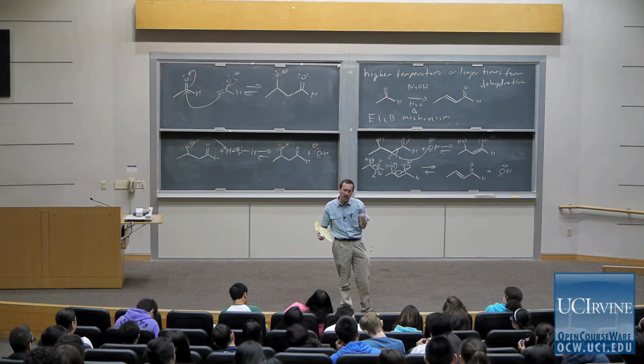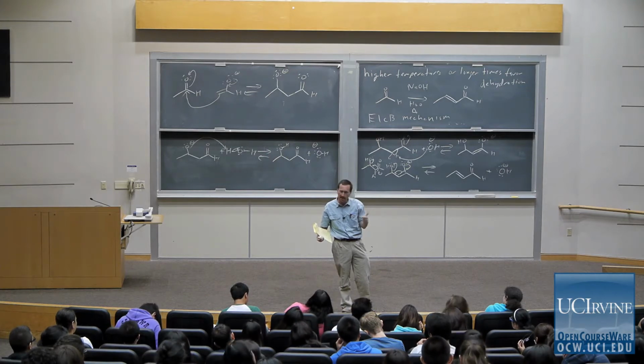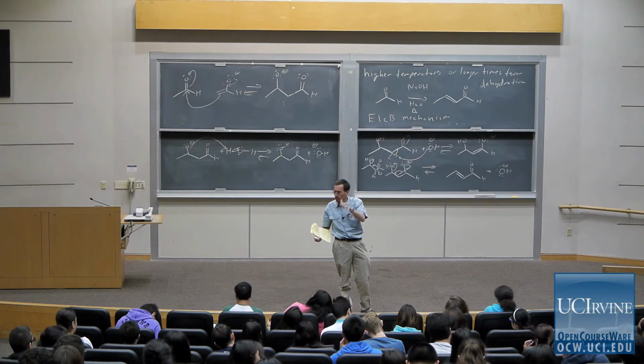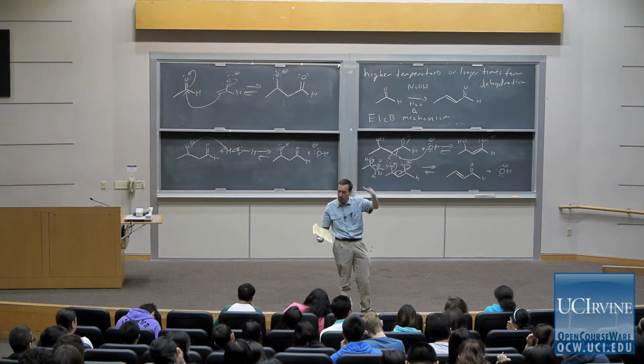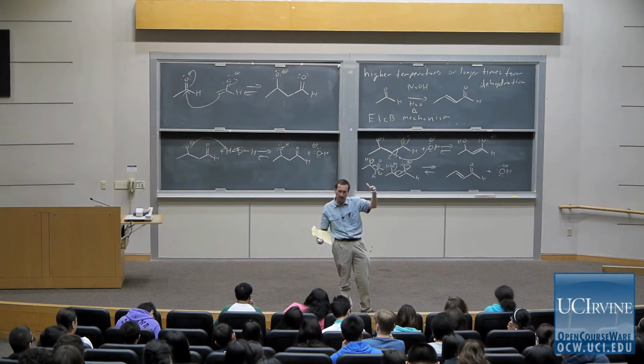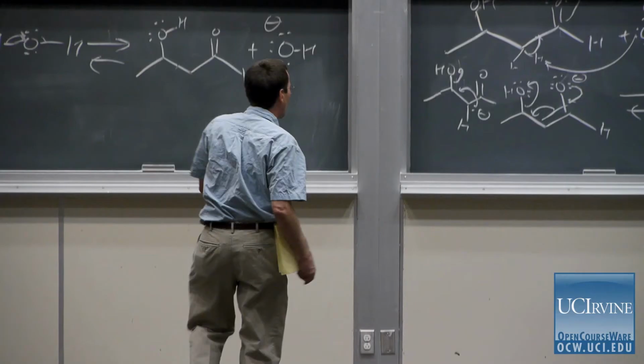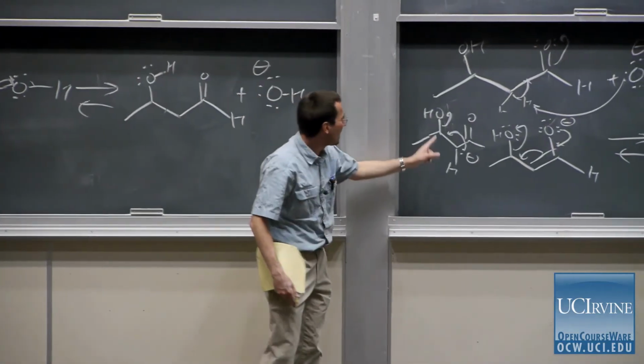The addition-elimination manifold allows much more basic leaving groups, much less good leaving groups with weaker conjugate acids, to leave. And this falls into that exact same manifold because you are dead right.